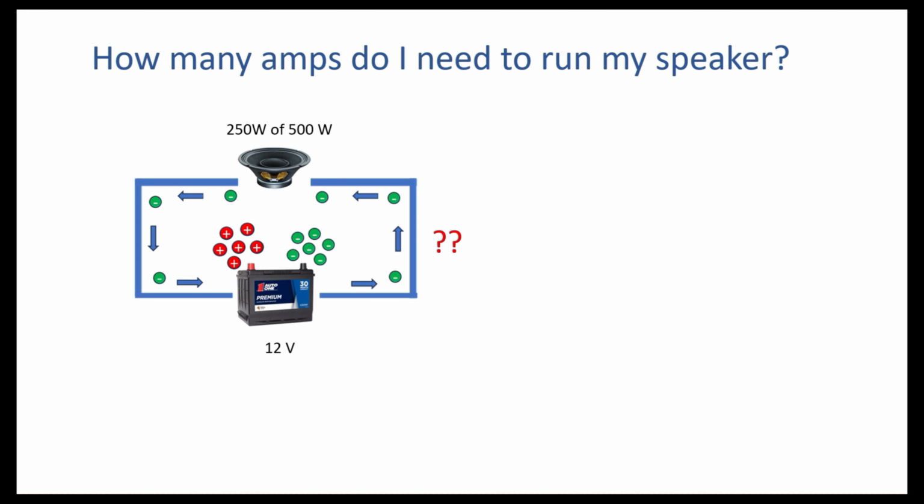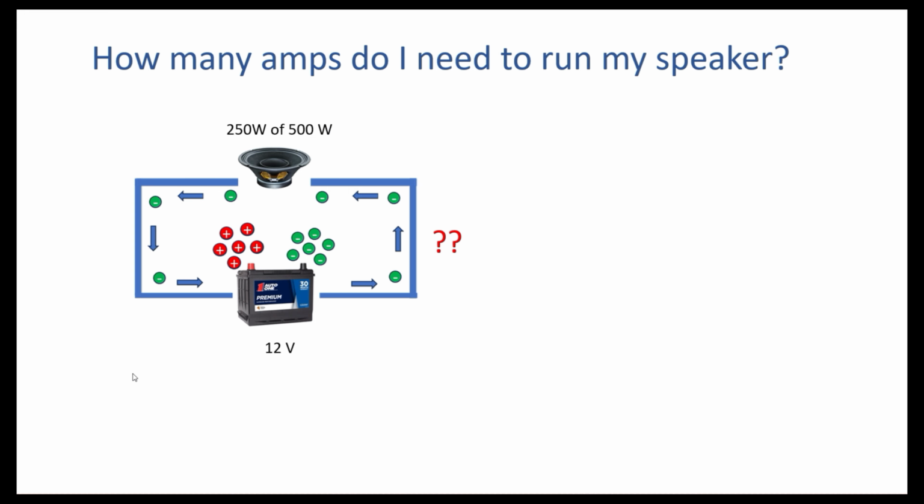Well, let's say that I've got a 500 watt speaker and I'm playing it at 50% of its maximum volume, so the speaker needs about 250 watts of power. And let's say that I'm running this off my battery, which is fully charged and is at 12 volts. Well, what current flow or amps do I need to maintain a 12 volt supply to the speaker?